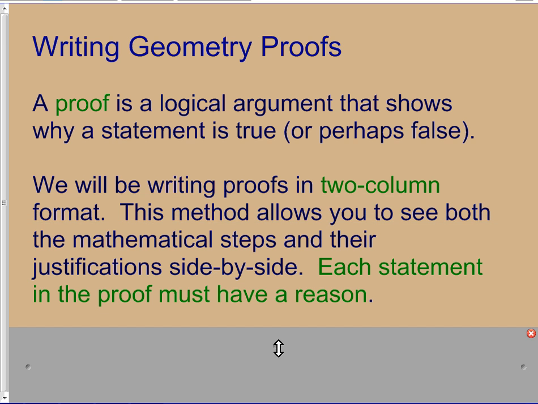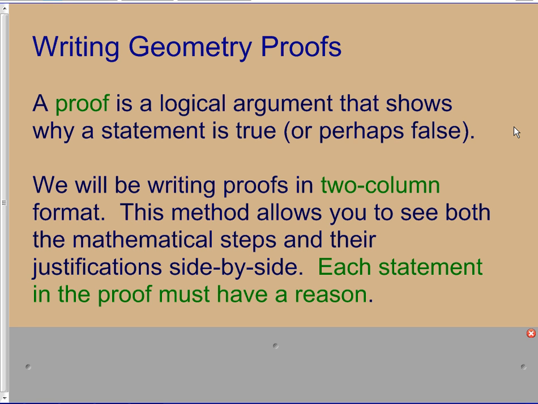All right, so we will be writing proofs in two-column format. This method allows you to see both the mathematical steps and their justifications side by side. Each statement of a proof must have a reason. So this type of proof is called a two-column proof.